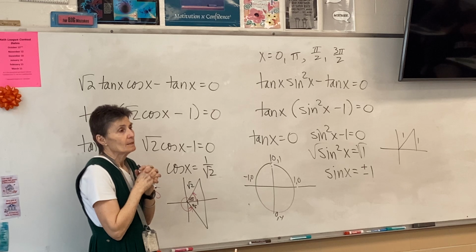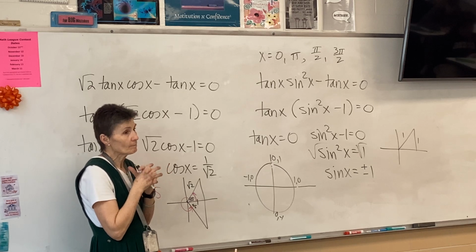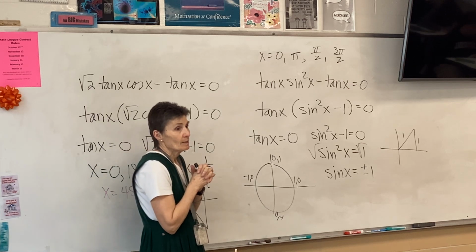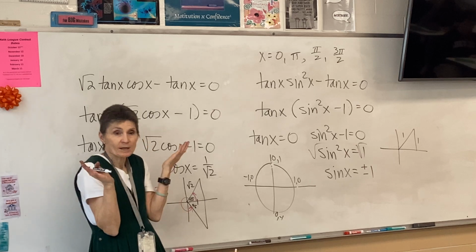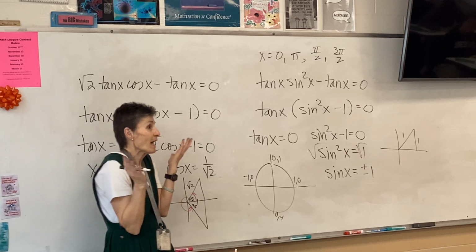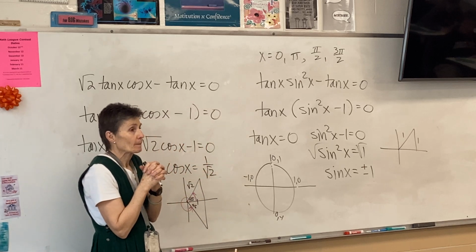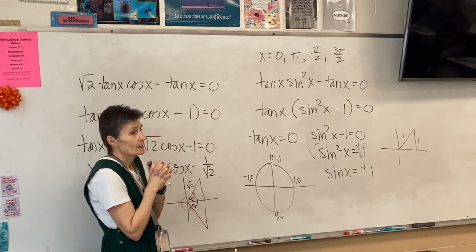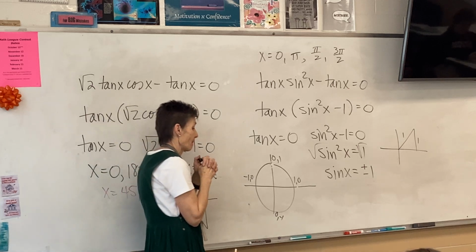Alright. Now, I'm going to throw a curveball at you. Do you remember what extraneous roots are? They're answers that you find and you do all right, but they just don't work. Take out your calculator, put it into radians, and type tangent pi divided by 2.